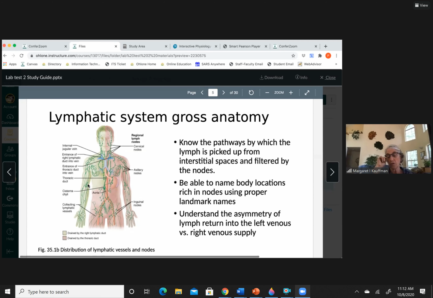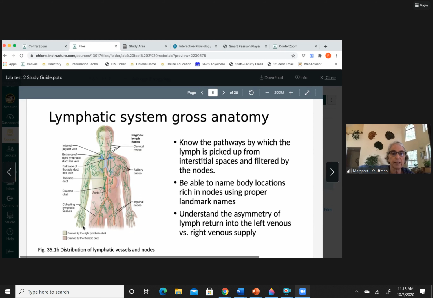If you go back to before the lab exam, which I know is hard to remember, when we did the lymphatic system, the lymph is picked up from that extra 2 millimeters of mercury that on average leaks out on the arterial end and isn't brought back in on the venous end of the blood vessels.